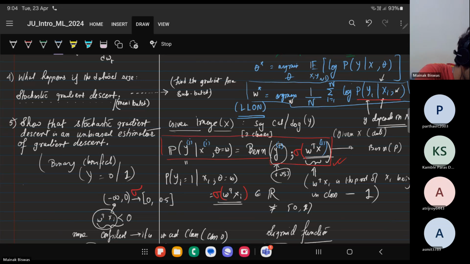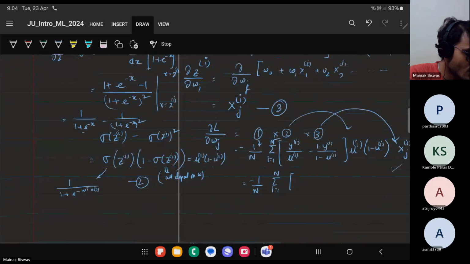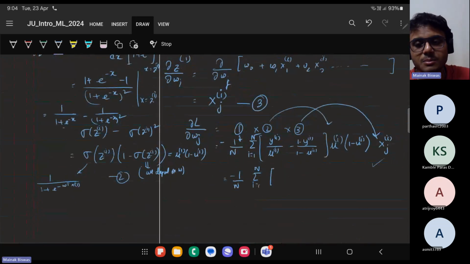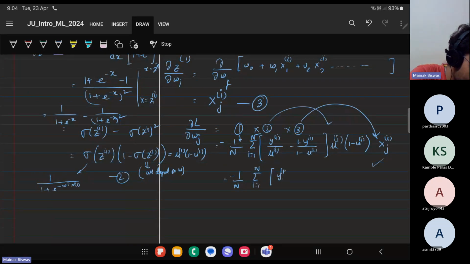So for all of the n examples, it will be the sum of all those. Now what will I get? I'll get yi into (1 minus mu i) plus (1 minus yi) into mu i, into xj of i.